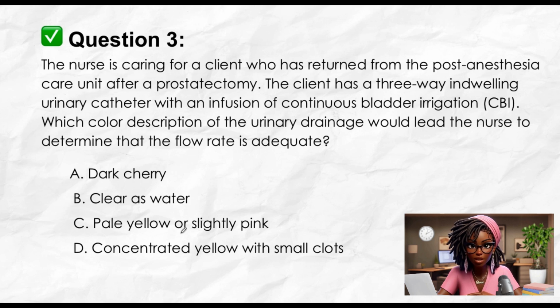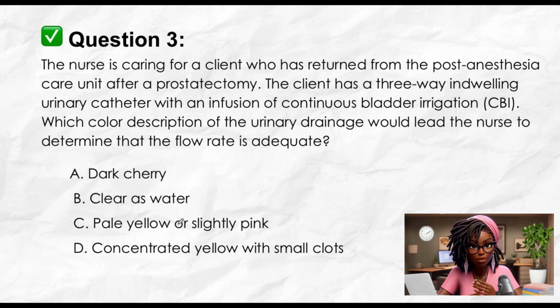So question 3. The nurse is caring for a client who has returned from the post-anesthesia care unit, so PACU, after a prostatectomy. The client has a 3-way indwelling urinary catheter with an infusion of continuous bladder irrigation, or CBI. Which color description of the urinary drainage would lead the nurse to determine that the flow rate is adequate?